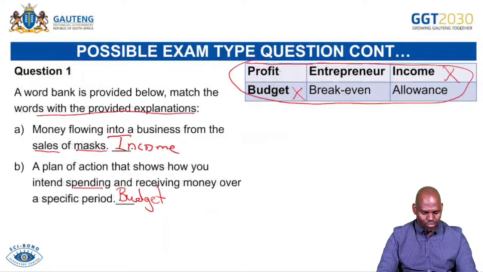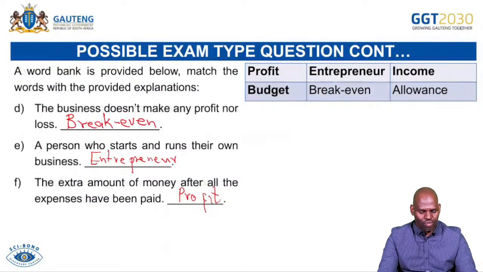So I just have to make sure I'm choosing the correct words. The first one is income, and then we've got a budget, and then break even, and then the person who starts and runs is an entrepreneur, and then the extra amount of money after all expenses have been paid, that is a profit.